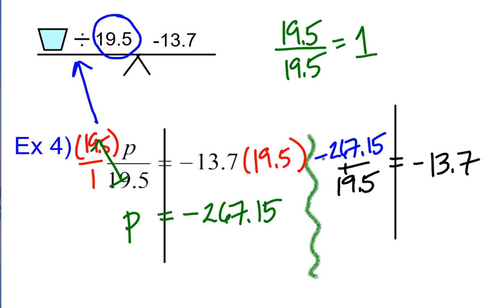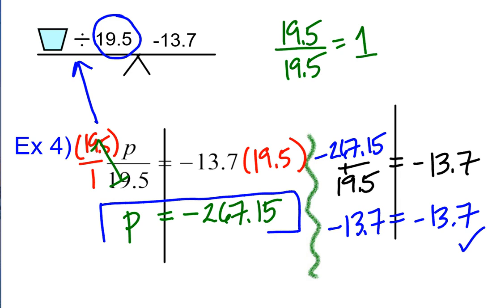I know a negative divided by a positive is a negative, and with my calculator I can find out that 267 and 15/100 divided by 19 and 5/10 will give me 13 and 7/10. So since both sides are equal and it checks out, this is our solution.